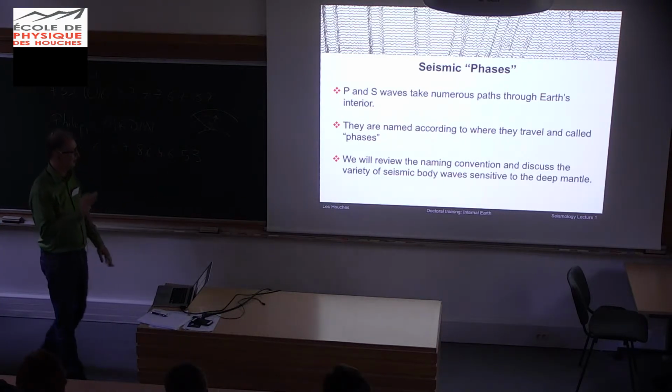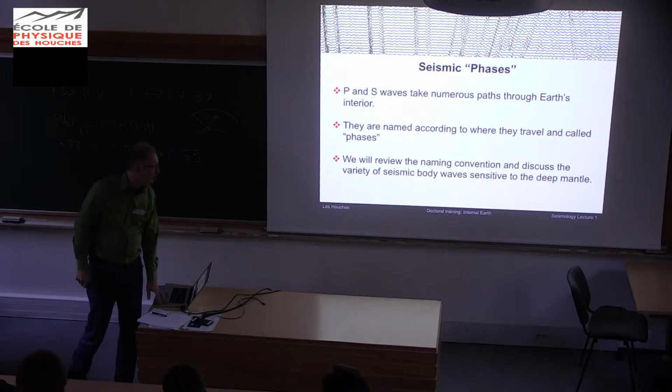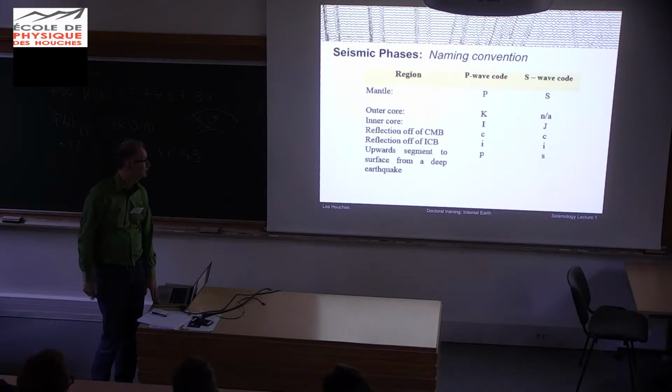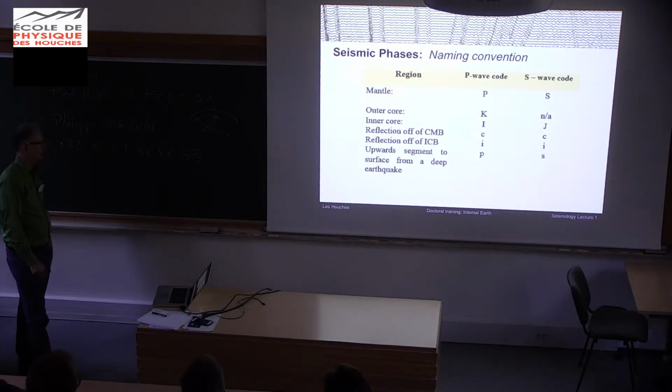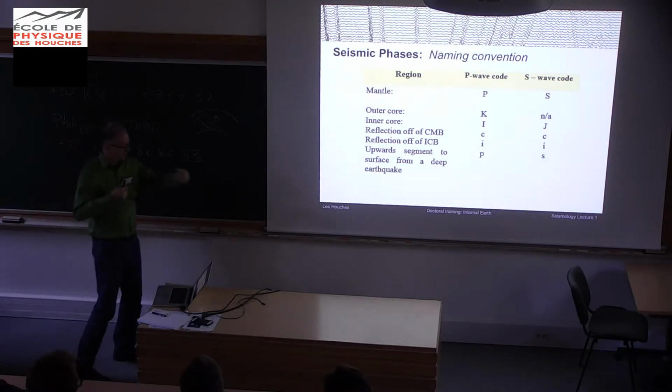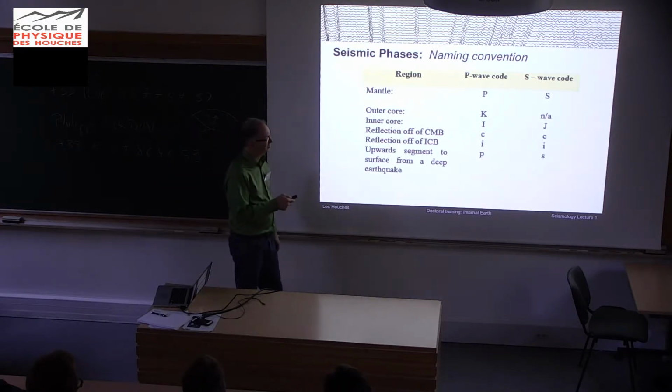So we're going to quickly review the naming convention, and you have it on slides here in case you haven't taken a seismology class. It's almost like a genetic code or something. Everywhere the wave goes, it gets a letter. So if going through the mantle, not bouncing off anything, it's a P for a P wave and an S for an S wave.